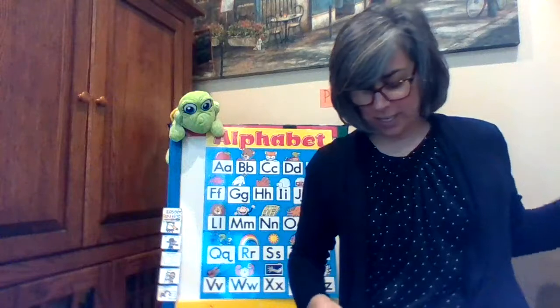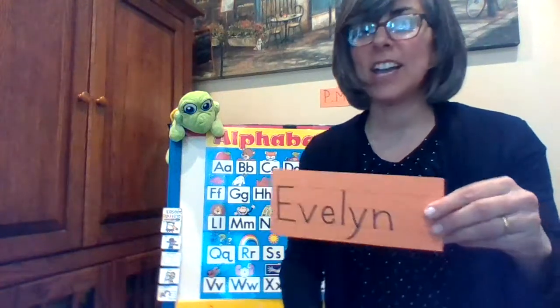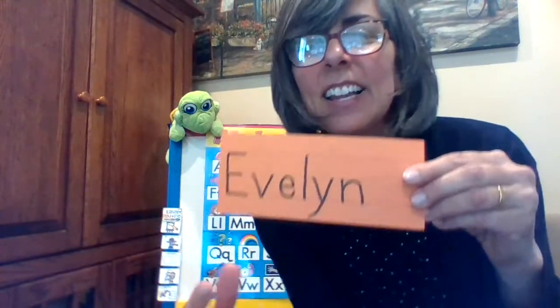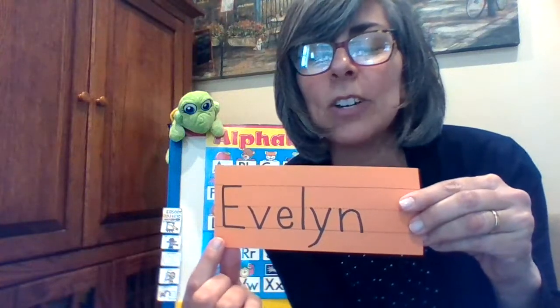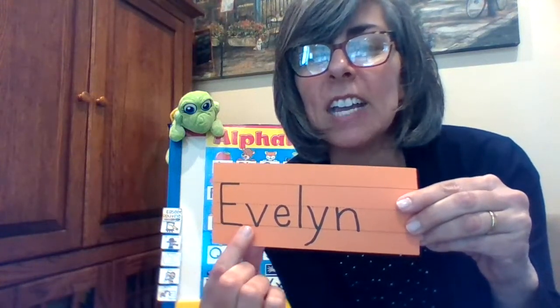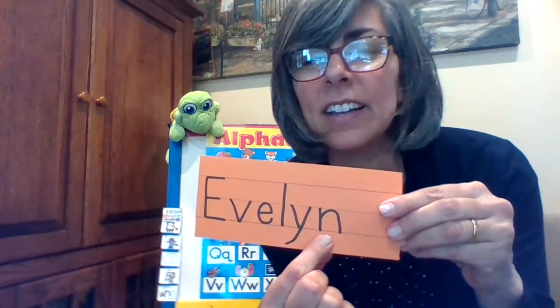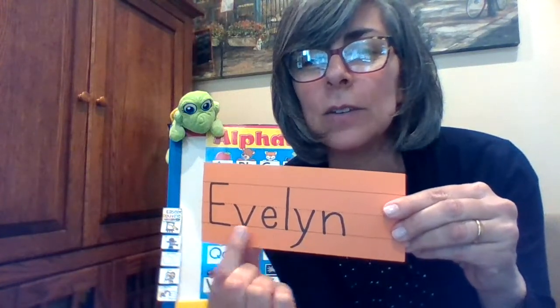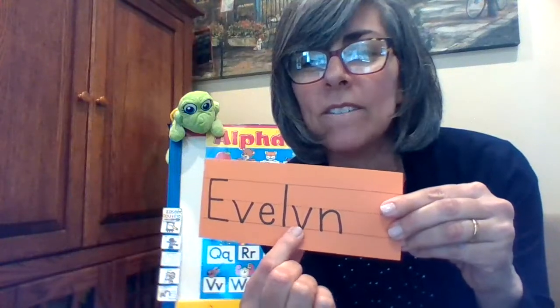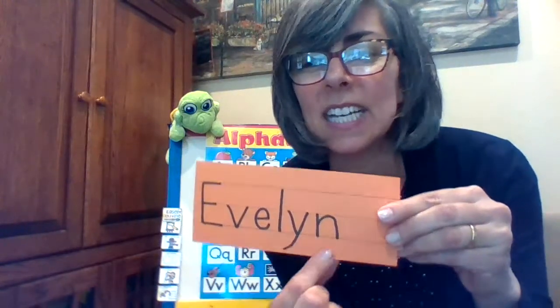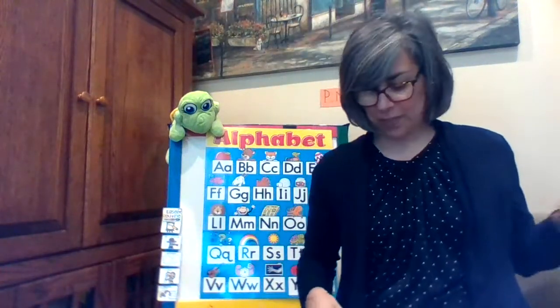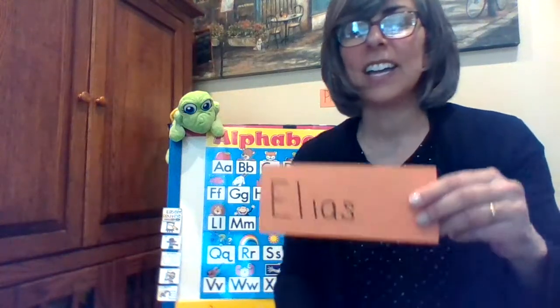Great name, Carson. And our friend Evelyn. Hello, Evelyn. Let's spell your name. E-V-E-L-Y-N. Let's count. 1, 2, 3, 4, 5, 6. 6 letters in Evelyn's name. Hi, Elias.